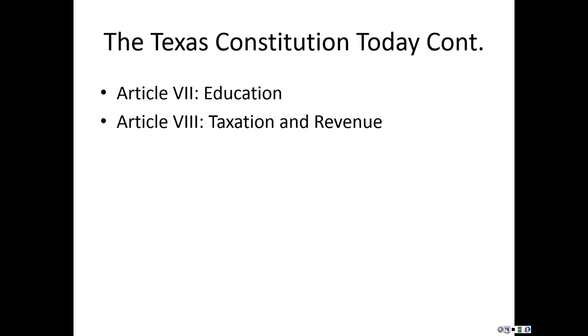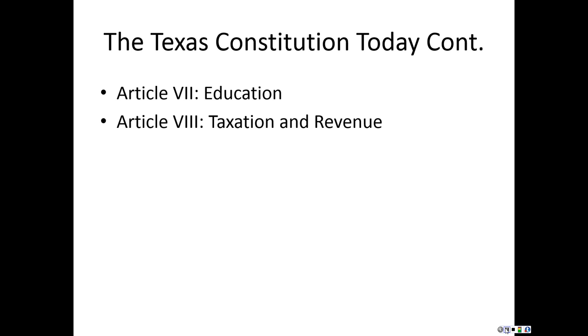Article 8, Taxation and Revenue. This article grants the Texas legislature the power to tax individual and business income. However, it exists, but we don't do it. We don't have an individual income tax. However, and remember, this is one of the things that we could directly vote on.